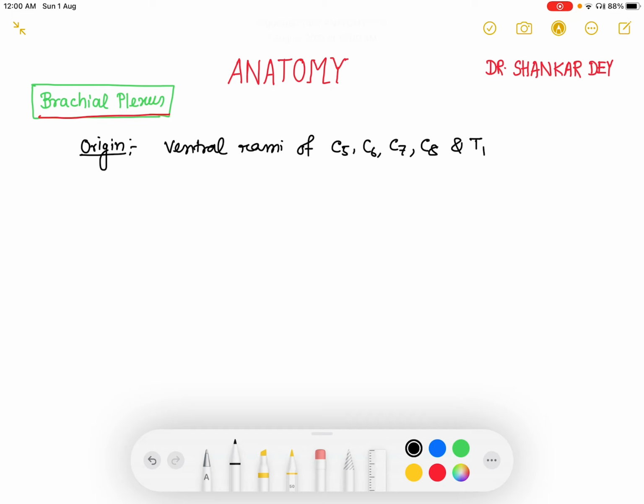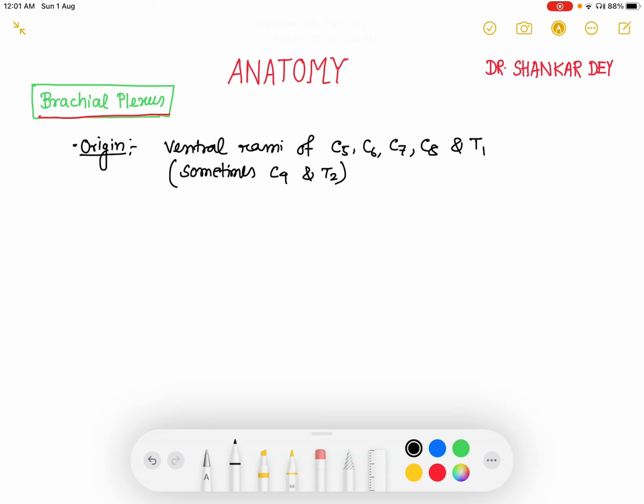So brachial plexus is formed by ventral rami of C5, C6, C7, C8 and T1, lower four cervical and first thoracic vertebra, and sometimes it may be contributed by C4 and T2 spinal nerves. So it is formed mainly by ventral rami of C5 to T1, sometimes contributed by C4 and T2.